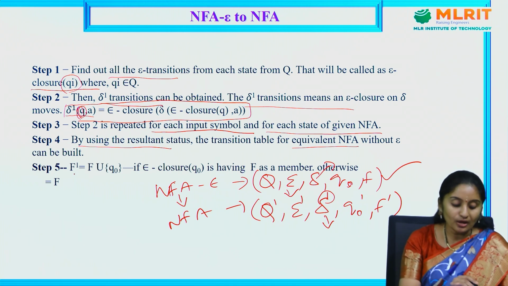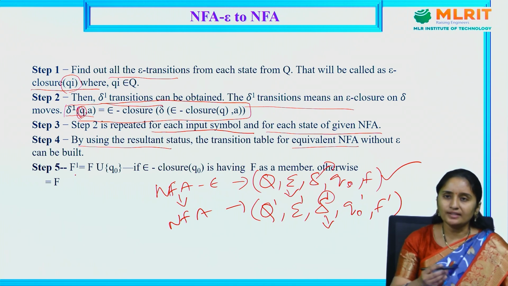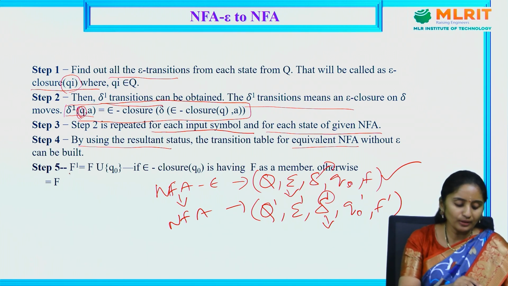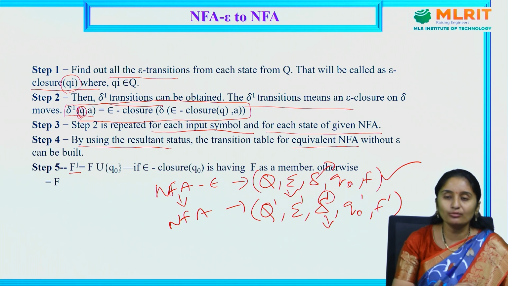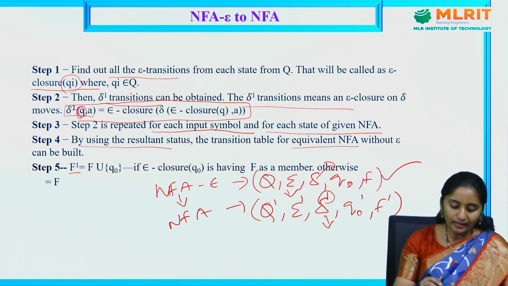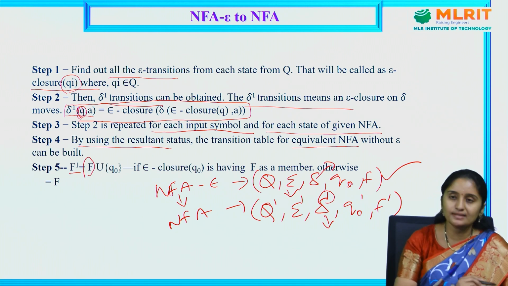The next one is how to find the final states. The initial states are common and we are going to find the transitions by using the epsilon closure. The only difference is the final state. How to find out the final state? In the given diagram, we are having some final state, that is F. Next, we are going to get the epsilon closures for the particular state Q naught.